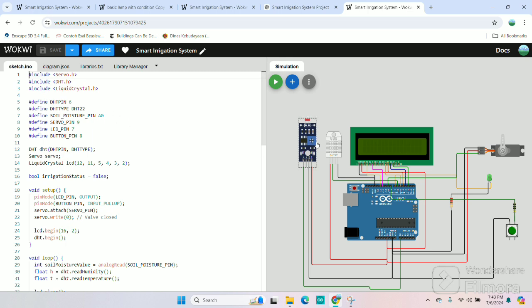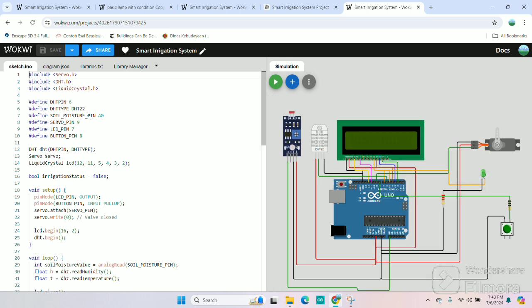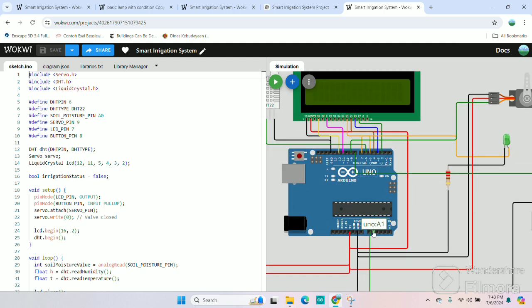For the DHT, I set the pin to 6 on the digital side, and after that we should define the type of the DHT, whether it is DHT11 or DHT22. And this one I use the DHT22, and then for the soil moisture pin I set it on analog 0.